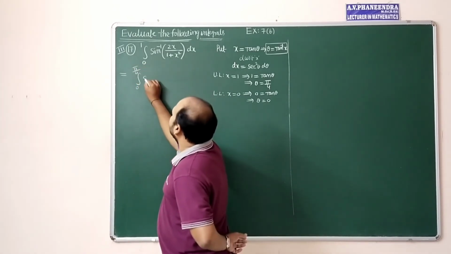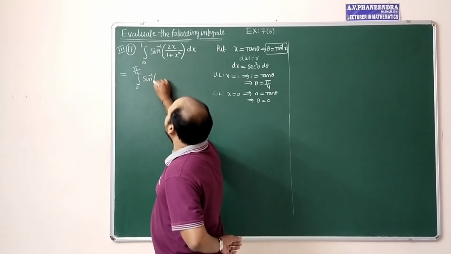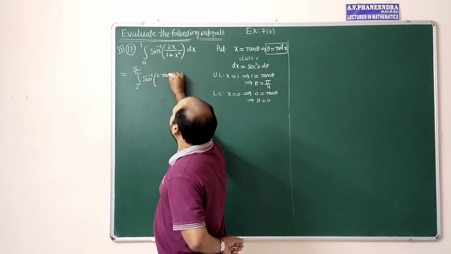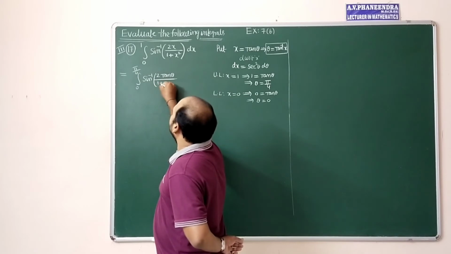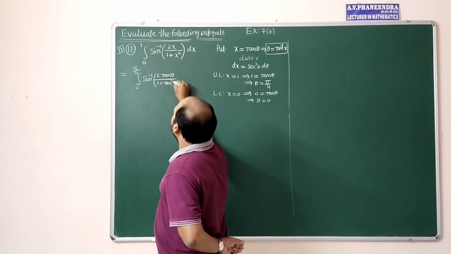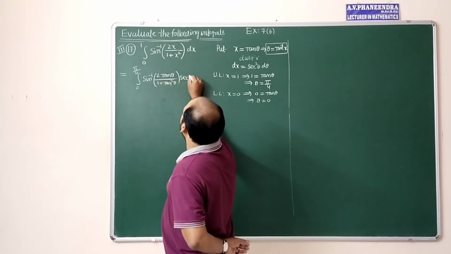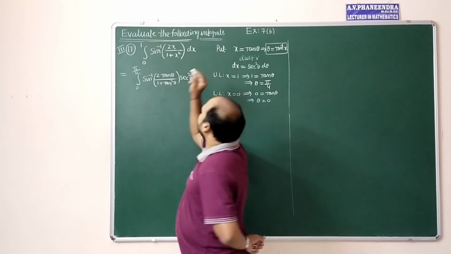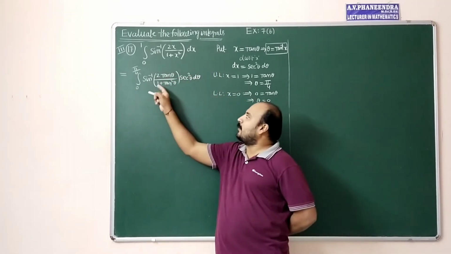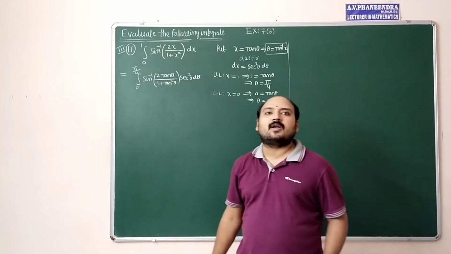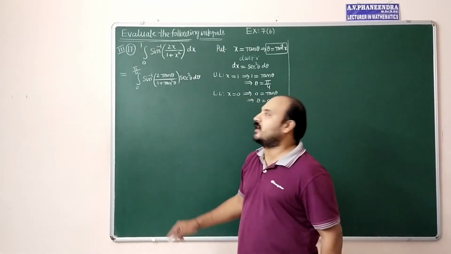sine inverse of 2 tan theta divided by 1 plus tan square theta. In place of dx, secant square theta d theta. 2 tan theta by 1 plus tan square theta is the formula for sine 2 theta in terms of tan.